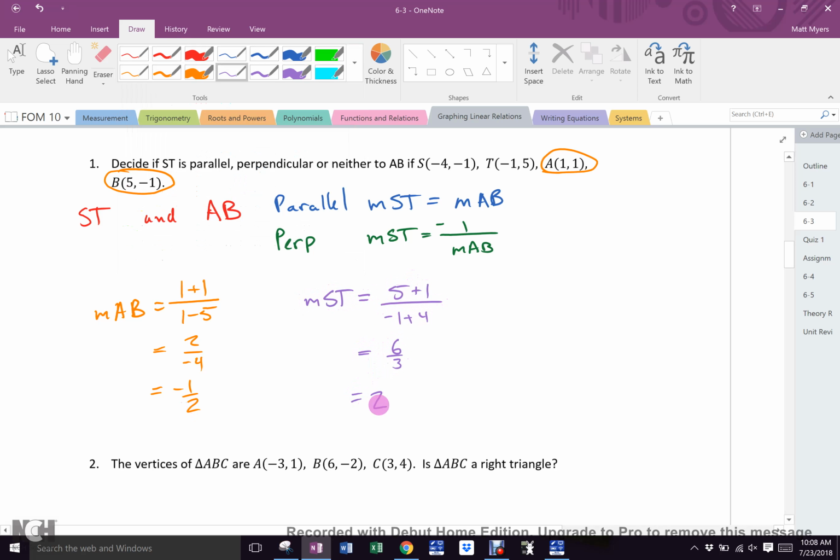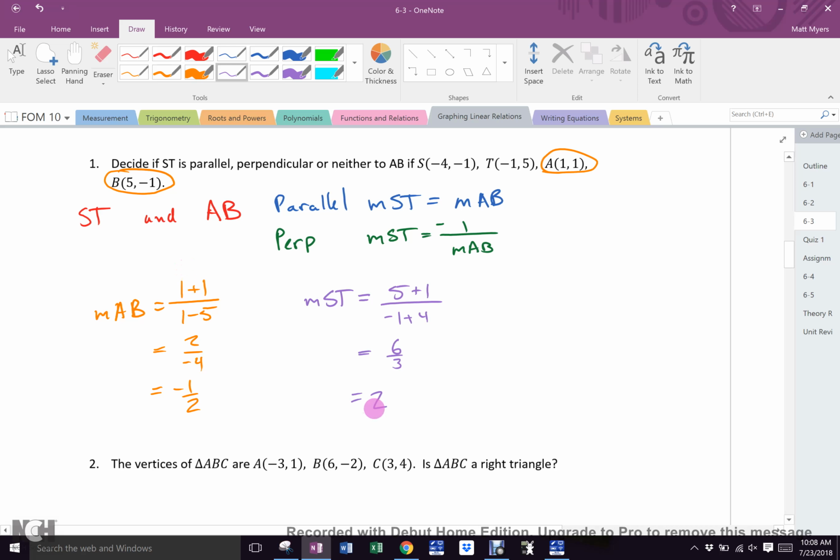What are they? Which one? 1 minus minus 1 is 1 plus 1. So what are they? Is one positive and one negative? So it's possible they're perpendicular. Are they reciprocals of each other?